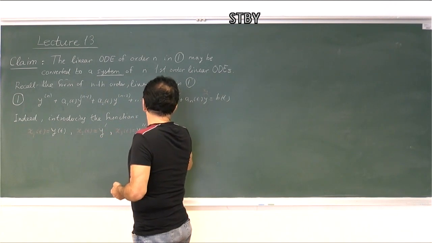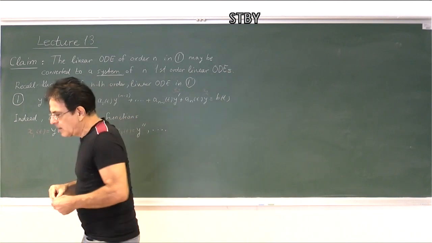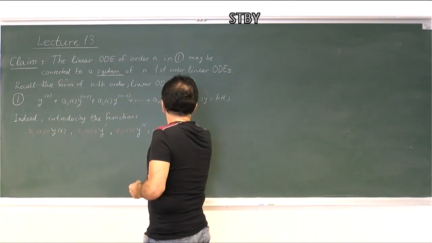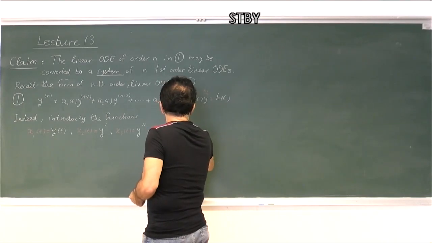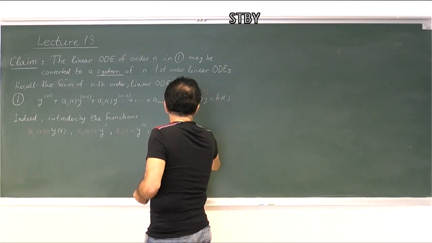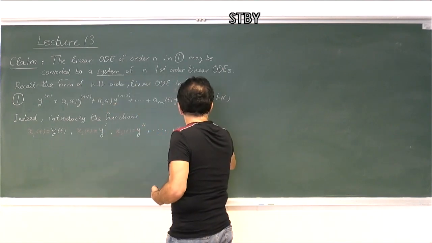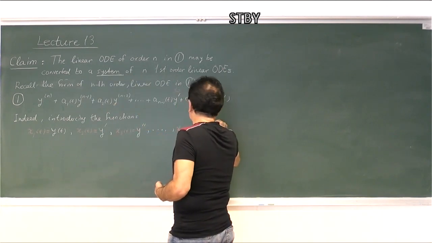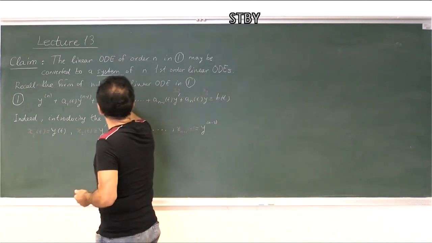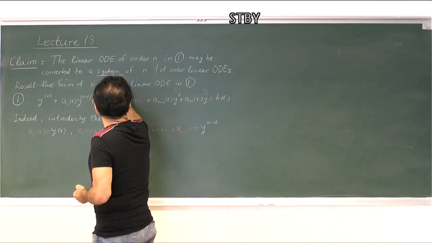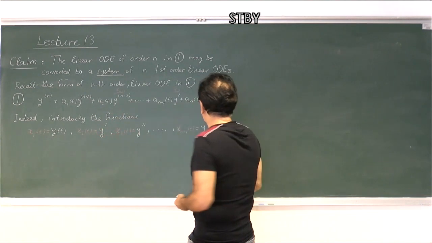And continuing in this way, we see that x_{n-1} of t is taken as the (n-2)th derivative of y, in the general form.